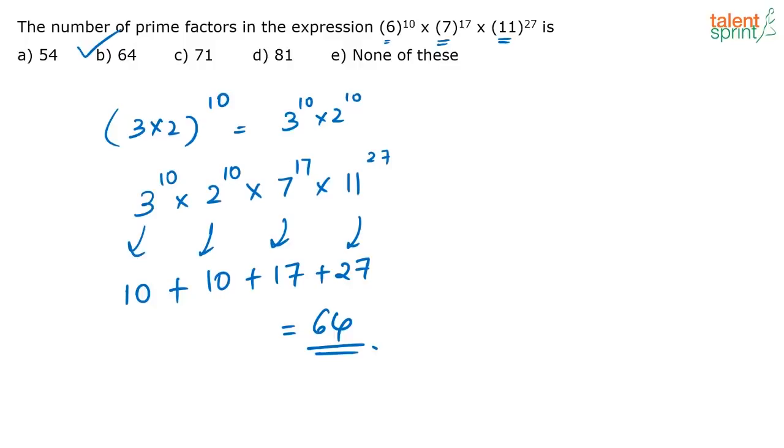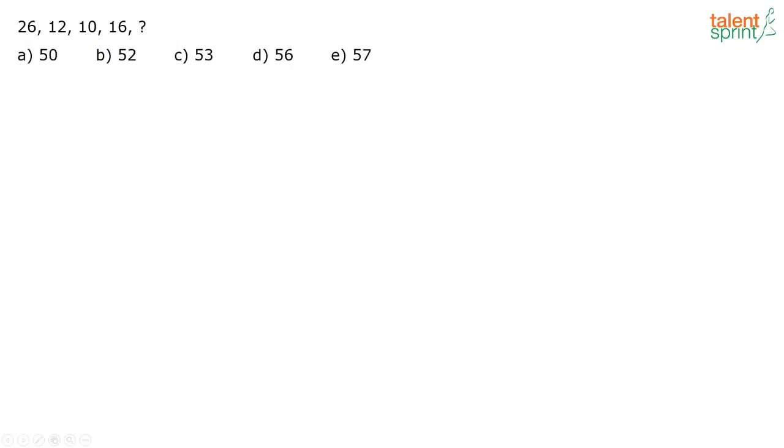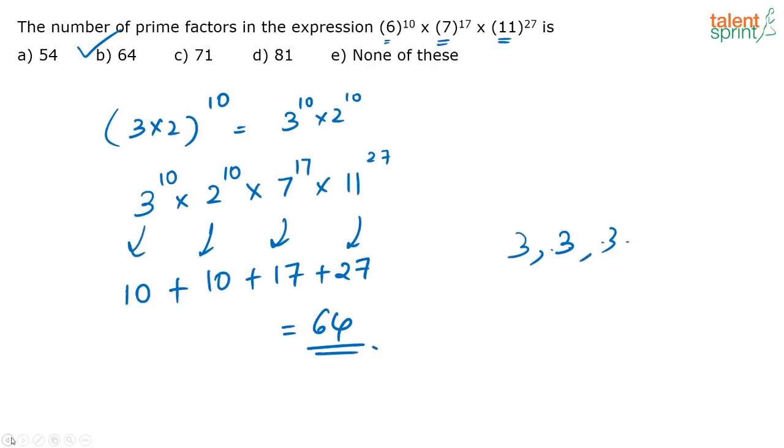See, one thing you have to note here is that they have just asked the number of prime factors. So this 3 is appearing so many times, right? You consider everything as one prime factor and take. But sometimes in questions what they ask is, how many unique prime factors does this expression have? Unique prime factors means the repetitions you will not take.